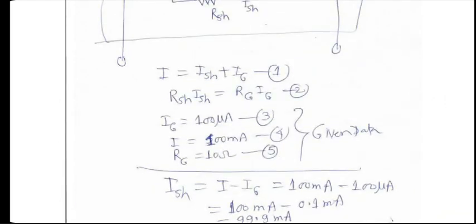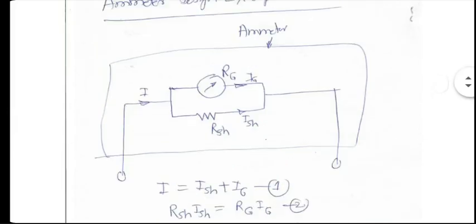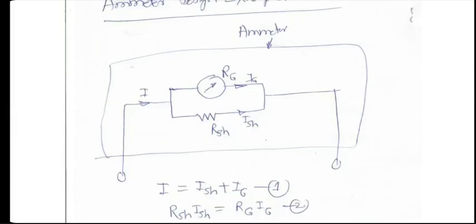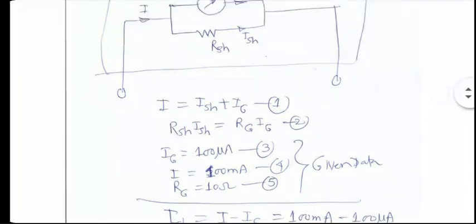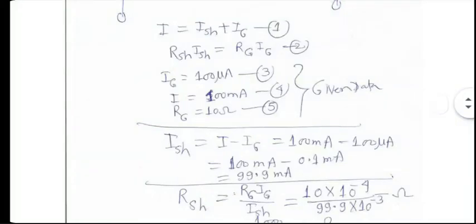ISH will be, let's say we are measuring the maximum current 100 milliampere, which is I. Out of that, 100 microampere is allowed to go through IG, so go through the galvanometer. That means IG is 100 microampere. So the difference, 100 milliampere minus 100 microampere, should be the current through the shunt resistance. That is ISH. I went for calculations directly.